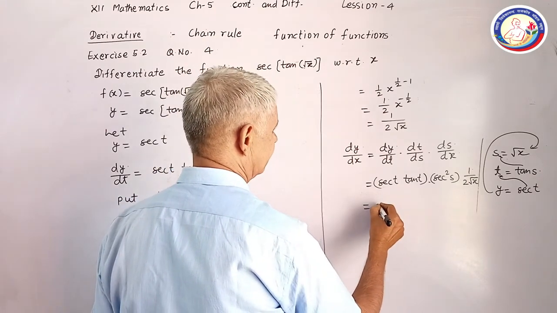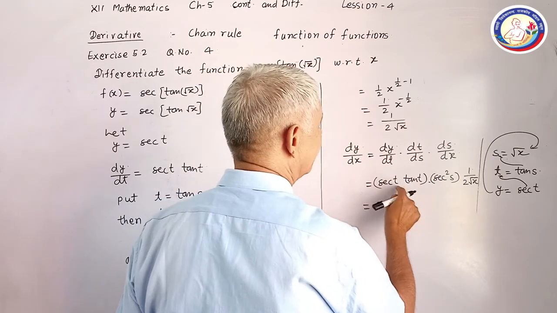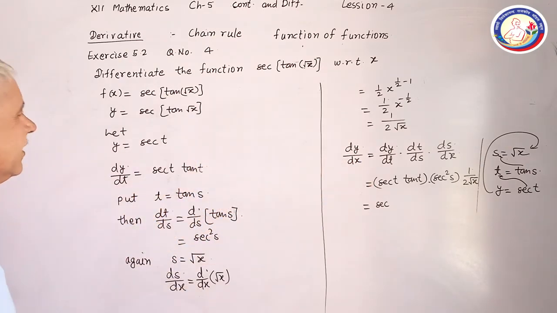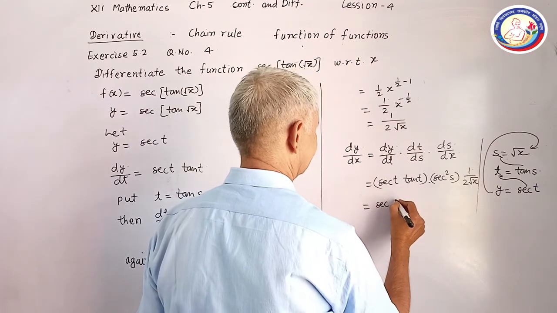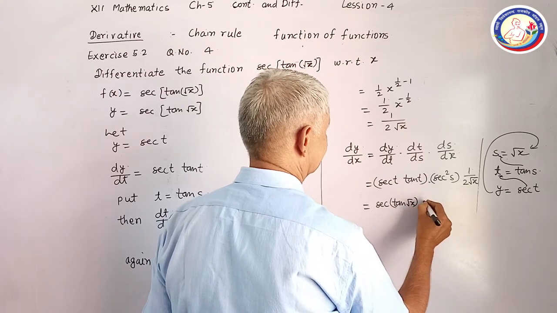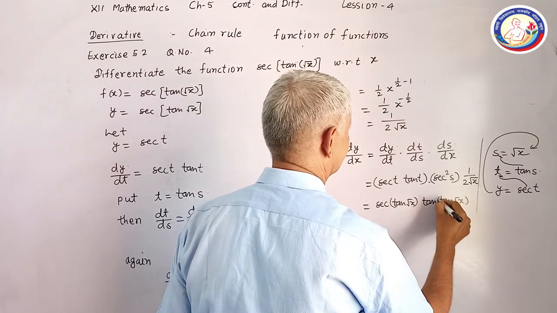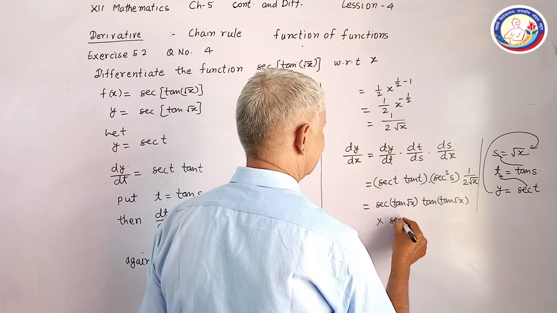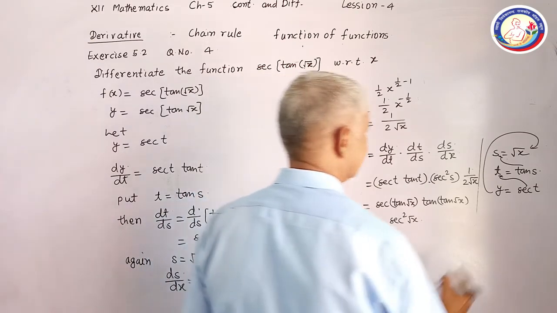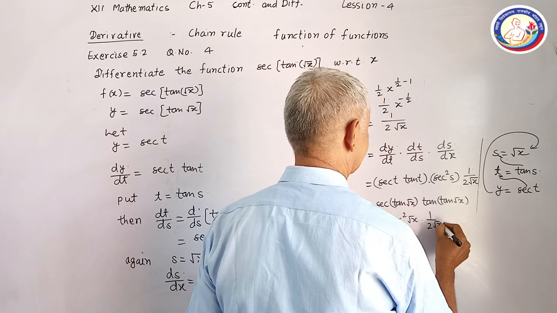Now it will be sec of the value of t. t is tangent s. And what is tangent s? Tangent s is tangent of root x. Into tangent of tangent root x, into sec square s. s is what? It is root x. What is this third? It is 1 by 2 root x.